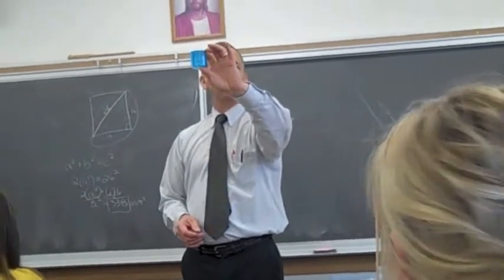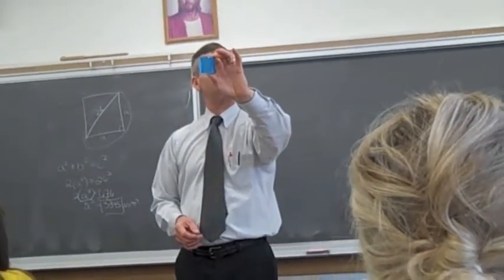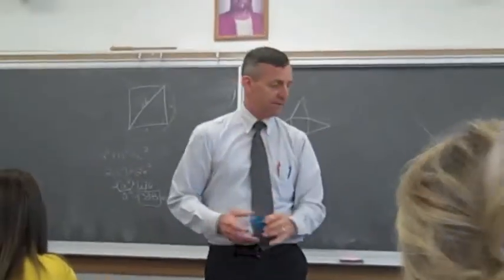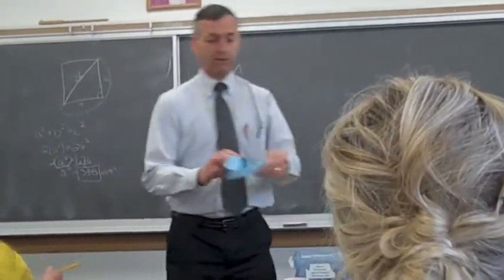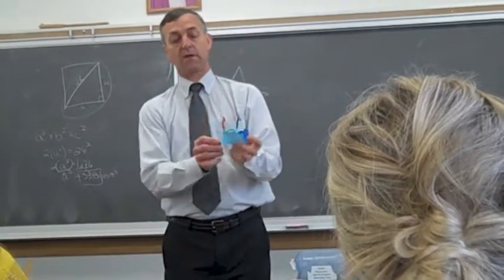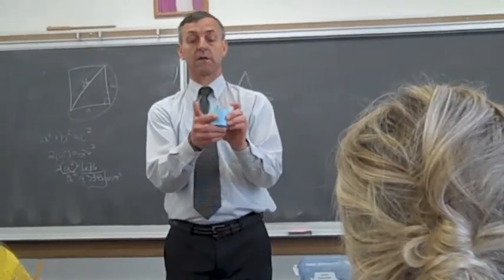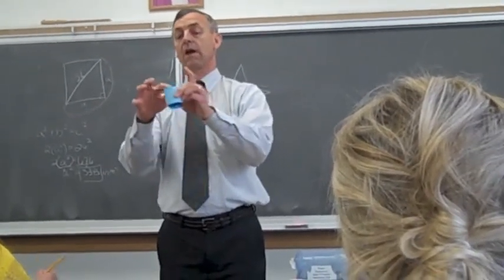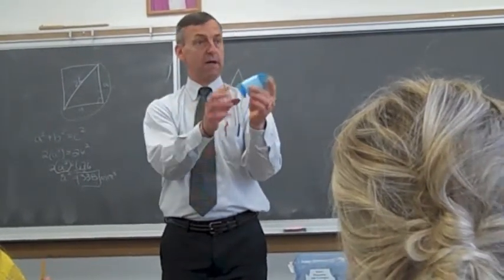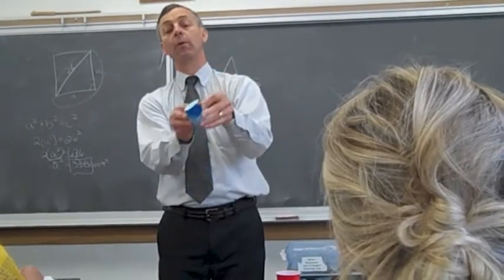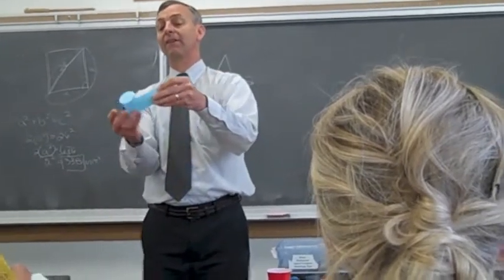The very same way we do the surface area of everything. Make a net. This net looks like this. I've got a circle on top, a circle on the bottom, and when I unroll this, what do I have?